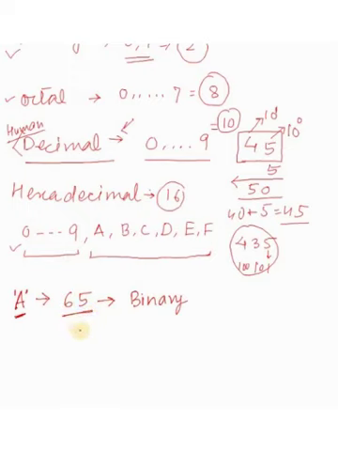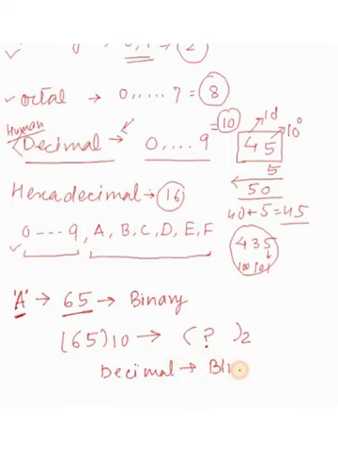Now a question: 65 of base 10 is to be converted into binary. So I am writing base 2 here, and what value will come, that I am writing here. So here we are learning how we can convert a decimal number to a binary number.